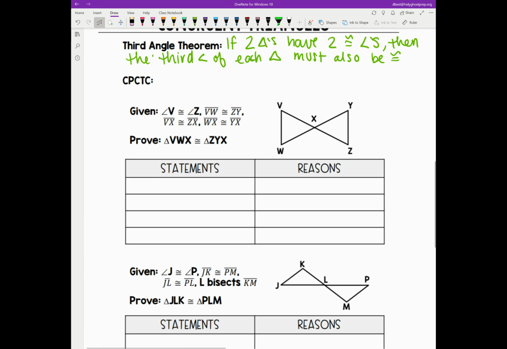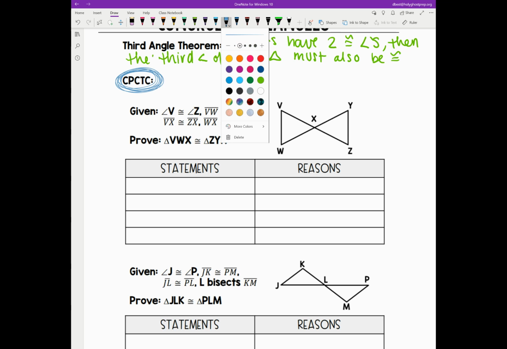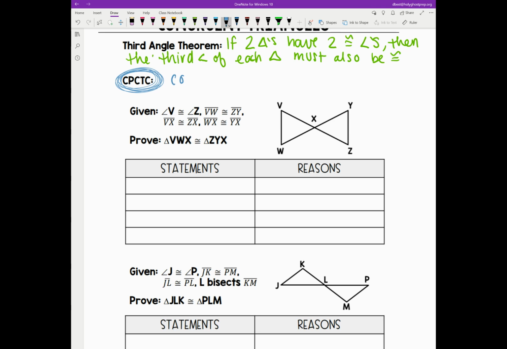And then we also have this abbreviation CPCTC, which we are going to use constantly moving forward. So you need to know CPCTC. What that abbreviation stands for is corresponding parts of congruent triangles are congruent.